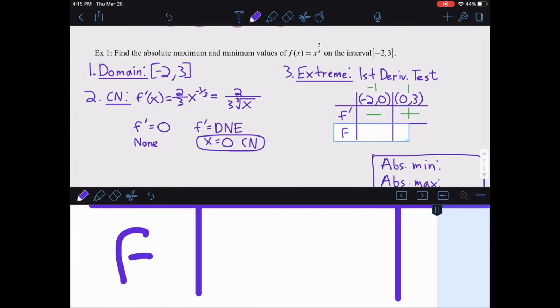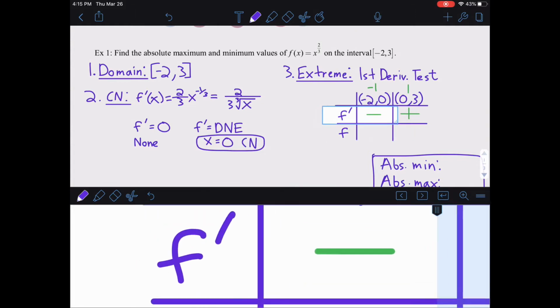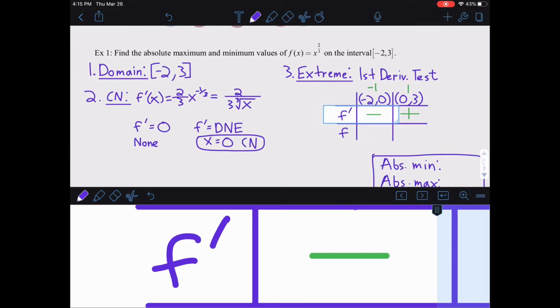I want to now talk about the function f. We're not really trying to graph f, right? But let's look at the first interval again. If the derivative is always negative on an interval, let's close our eyes real quick and imagine a function where the derivative is always negative.